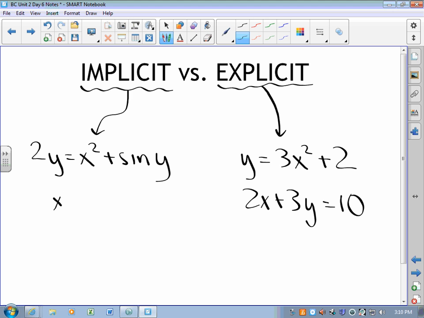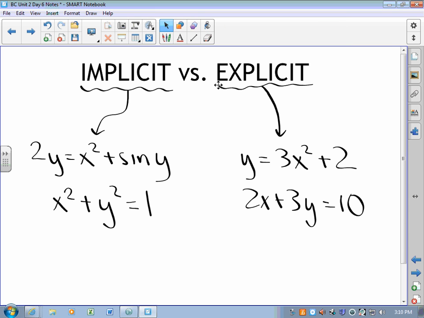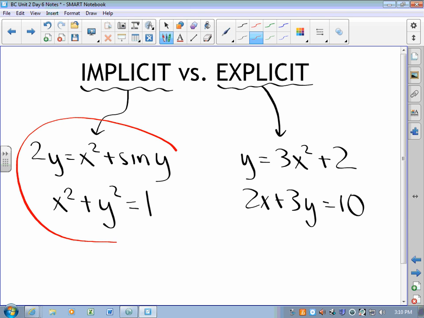Even in a situation like this, it is impossible to solve for y by itself. We can get y equals plus or minus radical 1 minus x squared, but it's impossible to solve for y and get one equation. So these are situations where y is defined implicitly. It is not easy to get a hold of y.